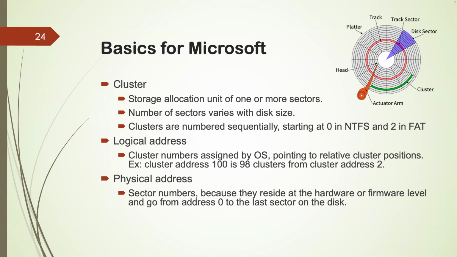When you format a hard drive with any particular file system, you can change how many sectors are there in one cluster. A cluster is the data allocation unit that is seen by the operating system, whereas a sector is the actual, smallest data unit in which you can read or write data on the hard drive.